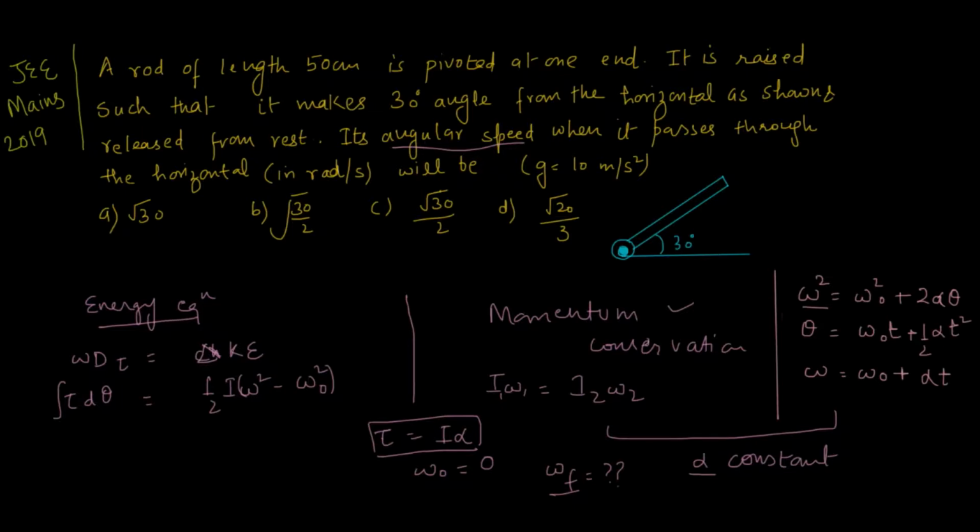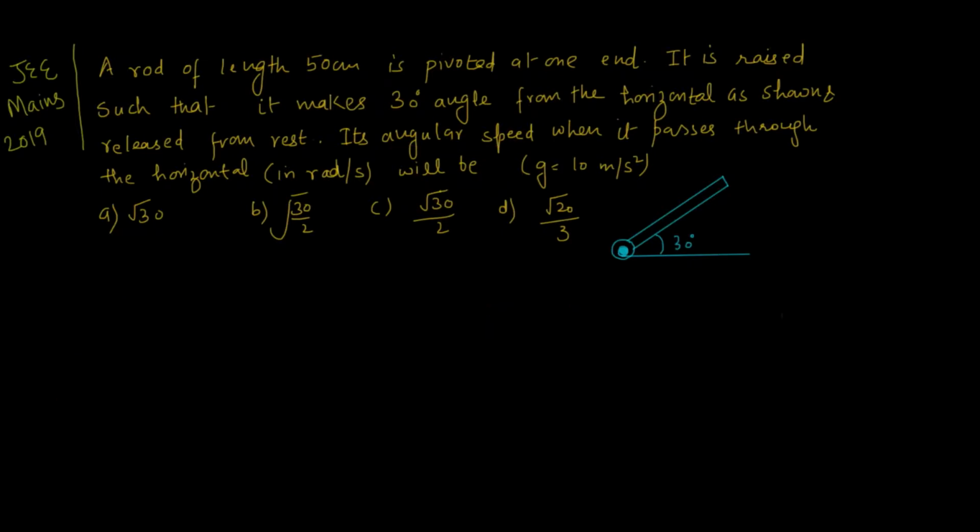So let's proceed with the solution now. The integration of tau d theta will be equal to half I omega square minus omega naught square. Why am I directly writing this and there is no half m v square component?